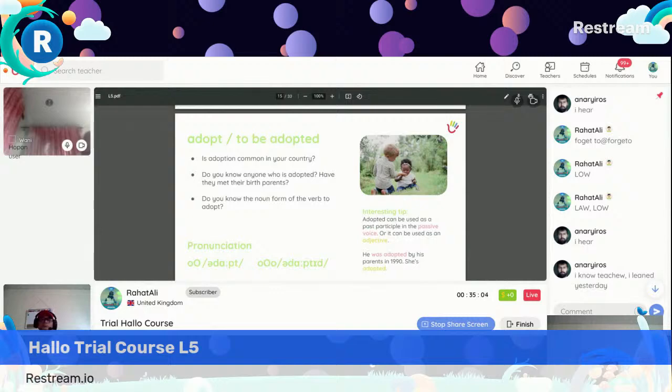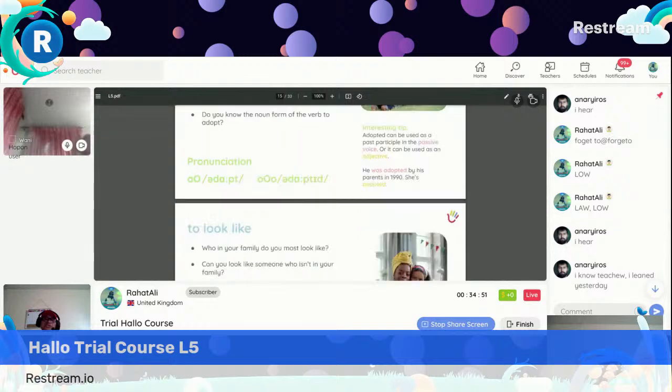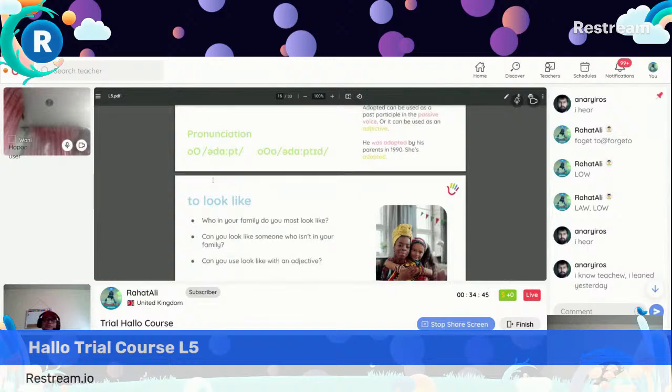They will be a part of their family. That's great. So the pronunciation is adopt or to be adopted. Adopt, there's a schwa sound. Can you notice that? Adopt, adopt.